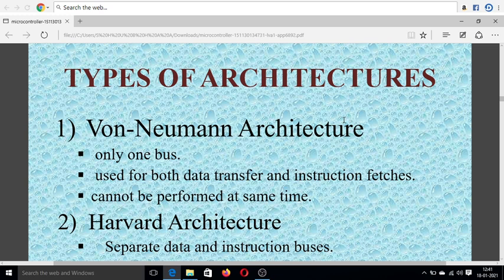A microcontroller is a programmable integrated circuit with the CPU, memory, input output devices, and timers all on a single chip.